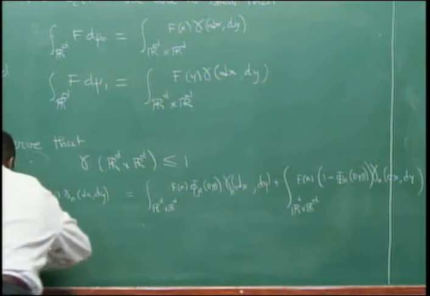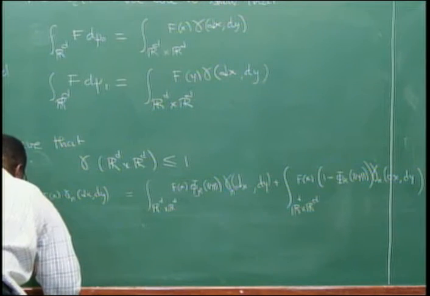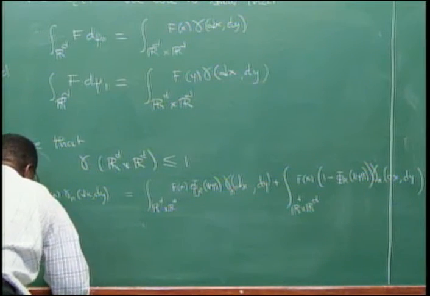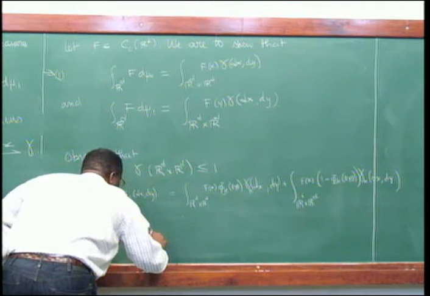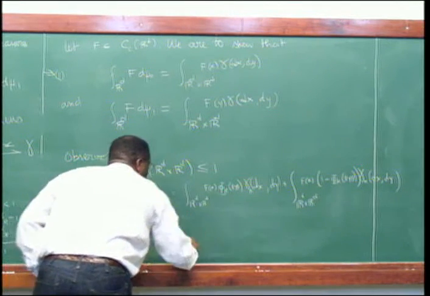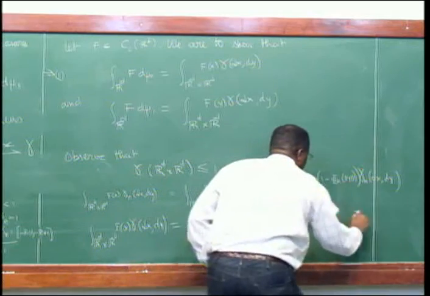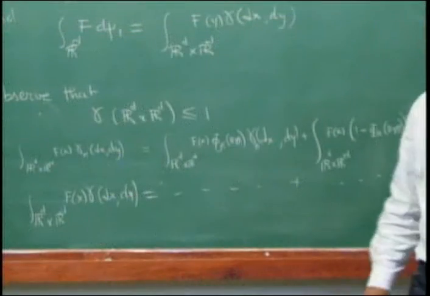Similarly, the integral over Rd cross Rd of f of x gamma dx dy equal to, with gamma.